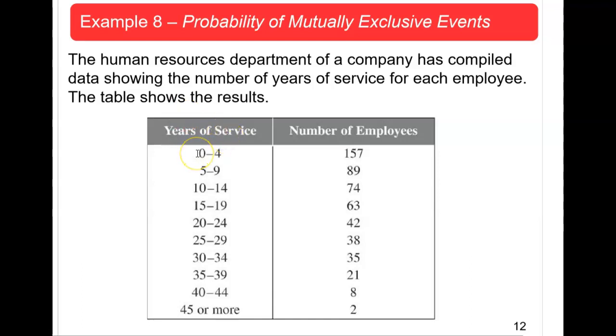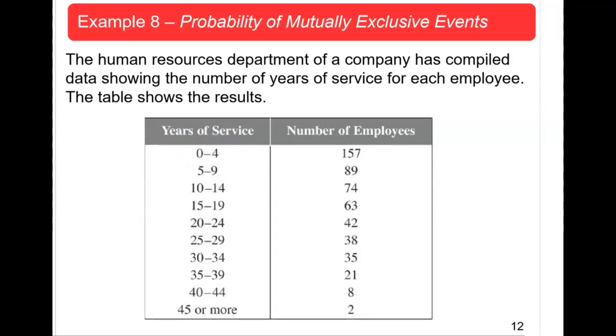So people within the 0 to 4 years of service, the number of those people in that category is 157. People who have been there from 5 to 9 years, there are 89 in total. This is the number of, and so on.